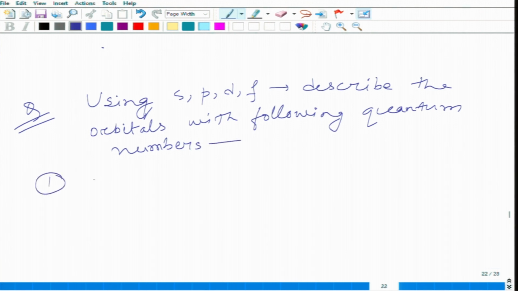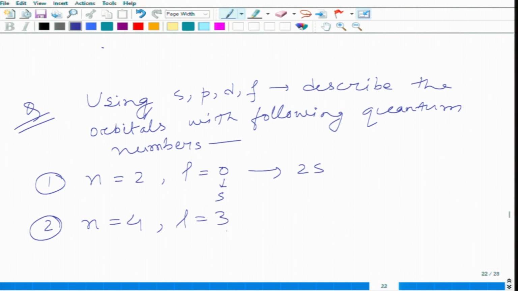Okay. The first question is n equal to 2, l equal to 0. So what is this? 0 means s. So this is 2s. n equal to 4, l equal to 3. 3 means f.